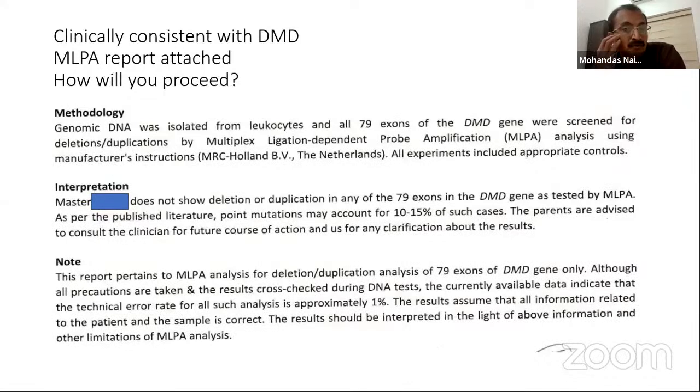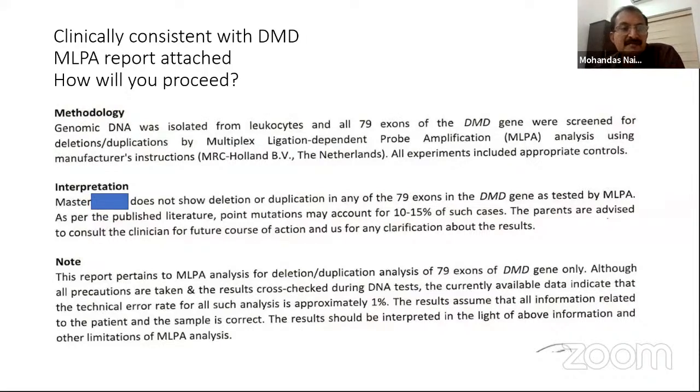Okay, so you have one child who is clinically diagnosed as Duchenne muscular dystrophy, and usually we initially do an investigation called MLPA. As you know, in Duchenne muscular dystrophy the problem is in the dystrophin gene, and it is the largest gene among the somewhere around 20,000 genes in our genome.